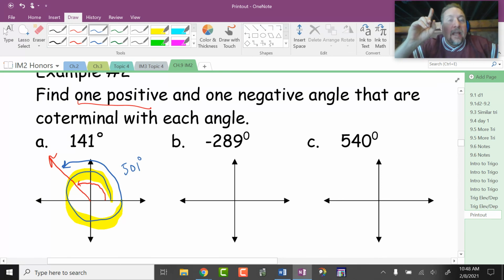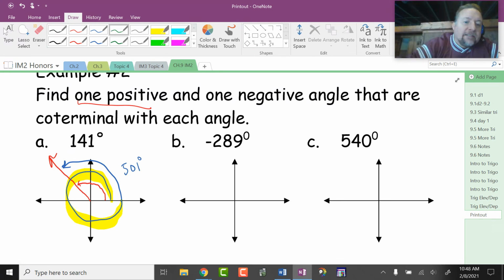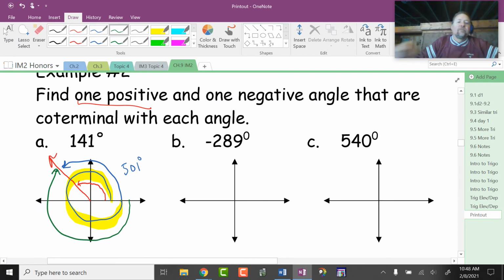And then, Hannah, now I want this angle measure. One negative, which goes in this direction. What would that be? You get it right, I'll explain it to the rest of them. Actually, I got to think about it for a second too.